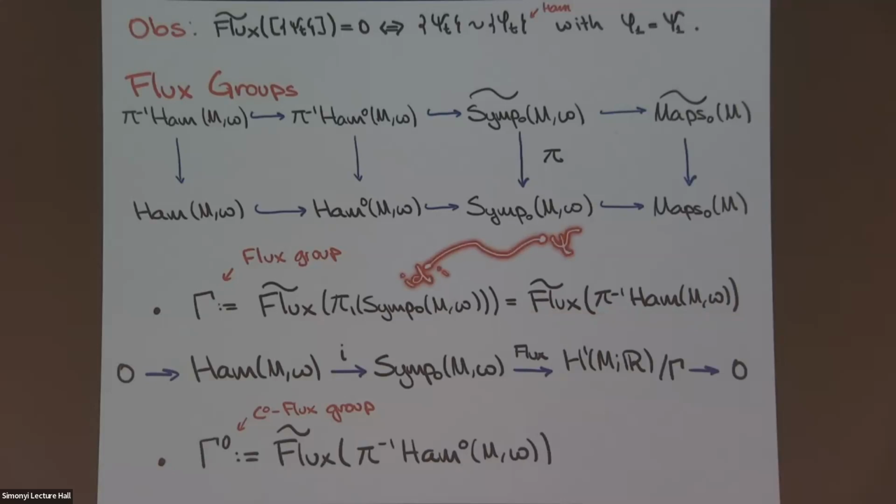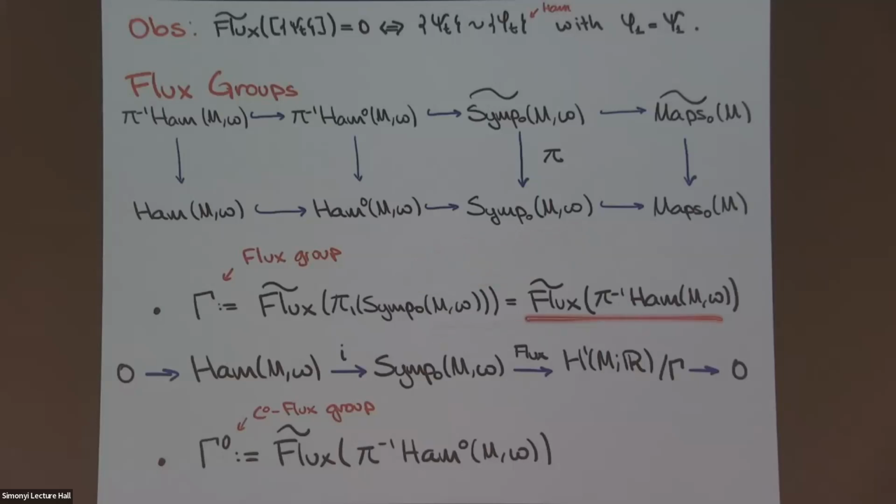Then you can just find the Hamiltonian path connecting to it, and by concatenating or composing with its inverse, you have a symplectic loop. But because this part of the path, which is dotted, is Hamiltonian, it has zero flux. So then the flux of your symplectic path just corresponds with the flux of a loop of symplectic diffeomorphisms. So that's how you get this equivalence here.